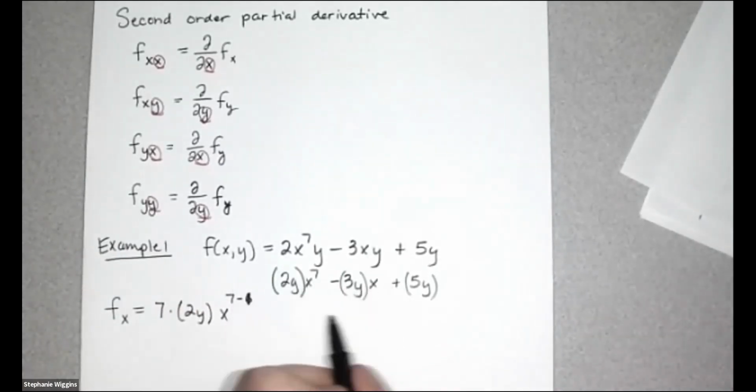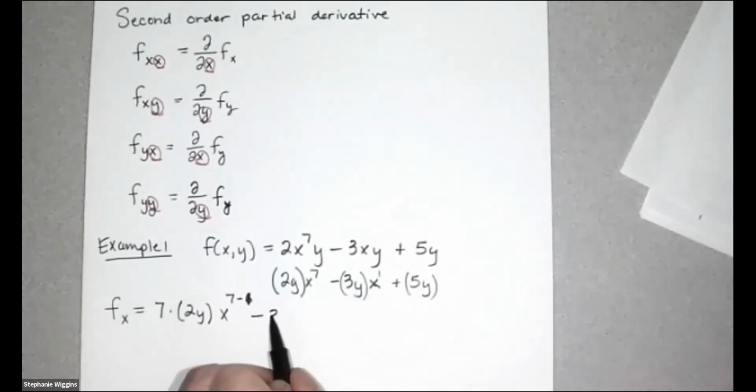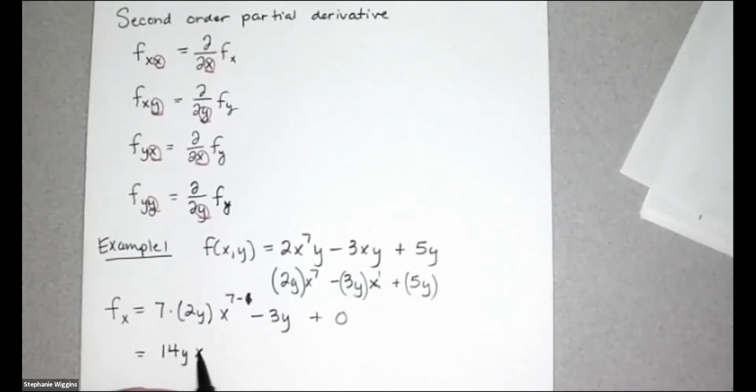And then here, this x has a power of 1, so the derivative of negative 3yx is just negative 3y, because that's the constant. And the derivative of this is 0, because this is constant. Remember, y is being treated as if it were a constant. So now, simplifying this, I get 14y x to the 6th minus 3y. That's our first order derivative.